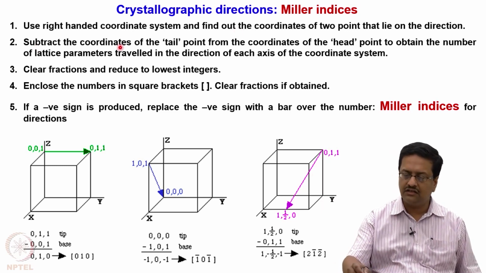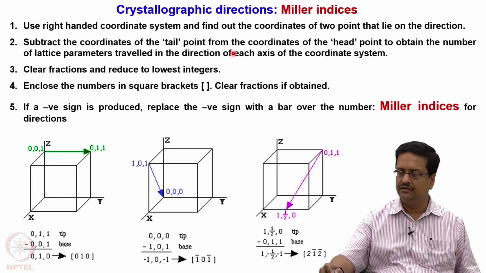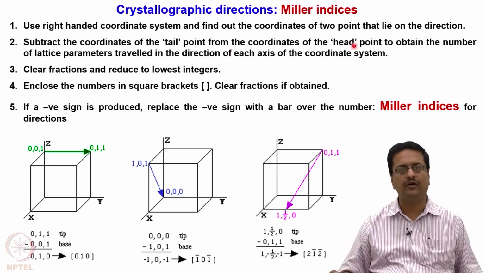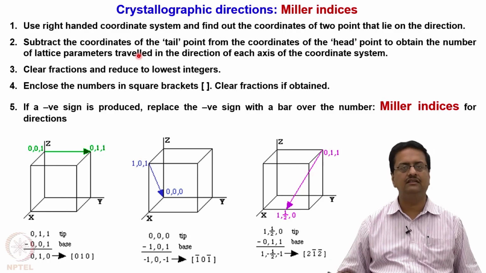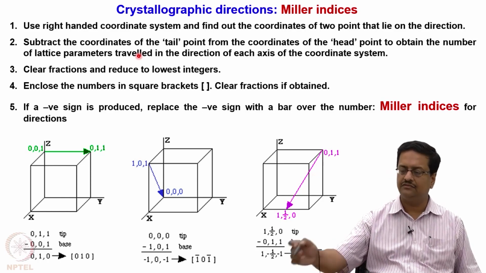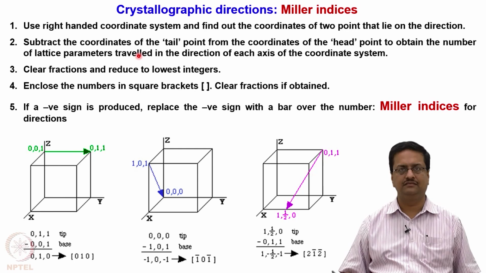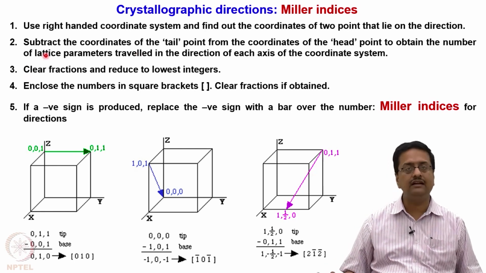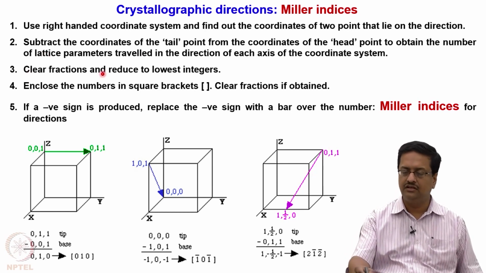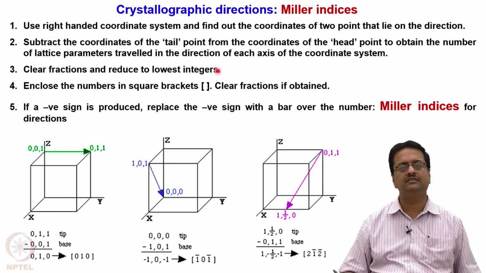Then you subtract the coordinates of the tail point from the coordinates of the head point to obtain the number of lattice parameters traveled in the direction of each axis of the coordinate system. Then by doing this subtraction, if you end up getting fractions, you clear the fractions and reduce the numbers to lowest integers.